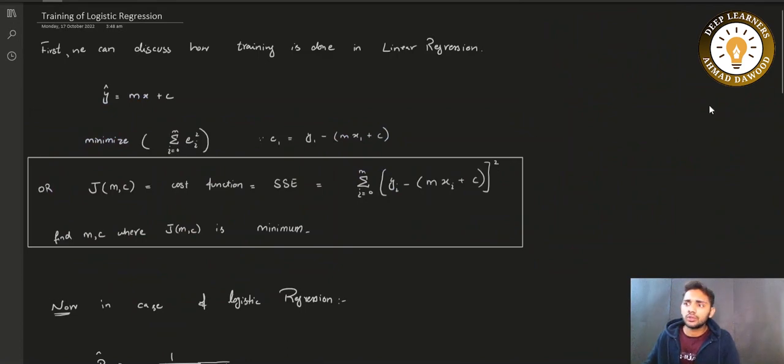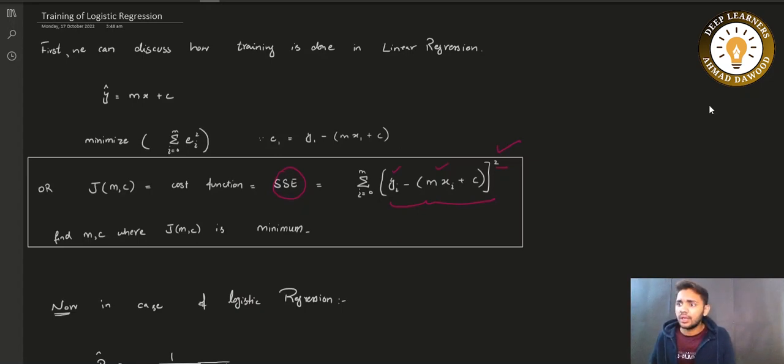In the case of linear regression, we have a cost function which looks like this: the difference between actual values and predictions, and the sum of all the squared differences becomes our cost function. That is SSE, and if we take the average, it becomes MSE. You can use whichever cost function you like.